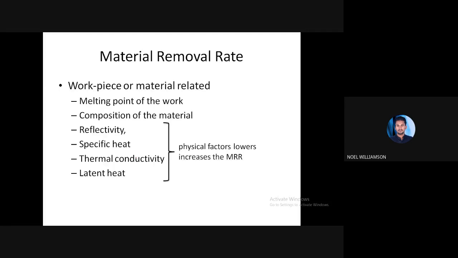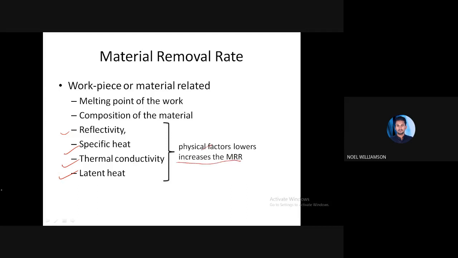And finally, one more, the workpiece related or material related parameters. First one, melting point of the workpiece, then the composition of the material, then reflectivity, specific heat, thermal conductivity, latent heat, etc. When these values become low, it will increase the MRR.